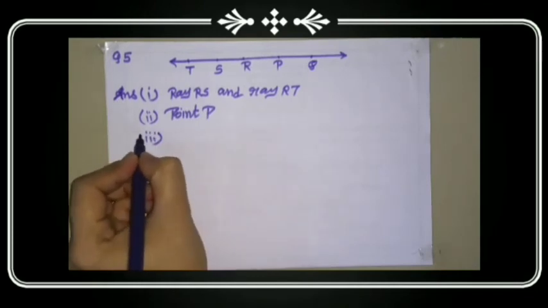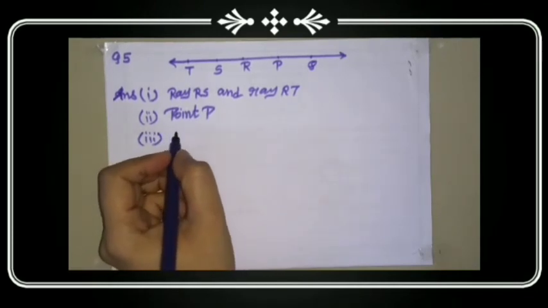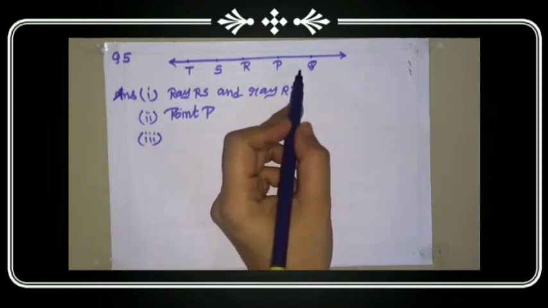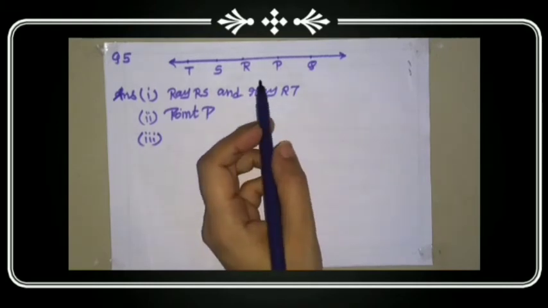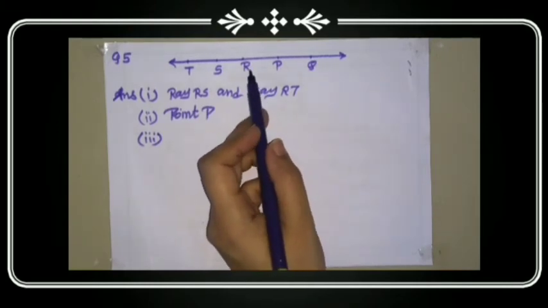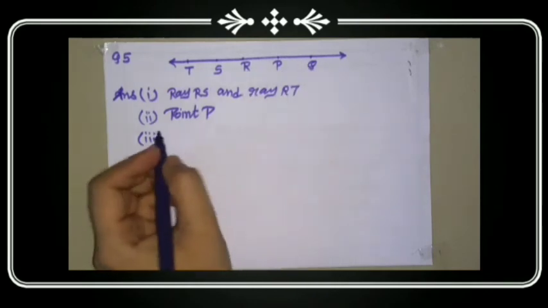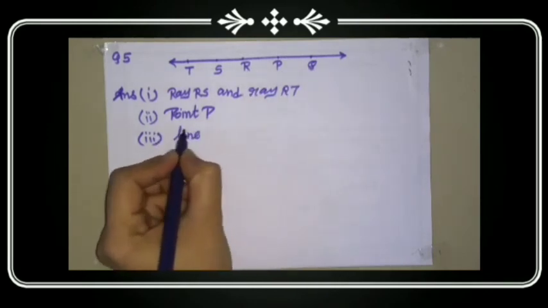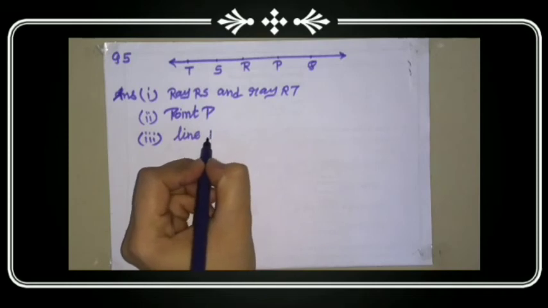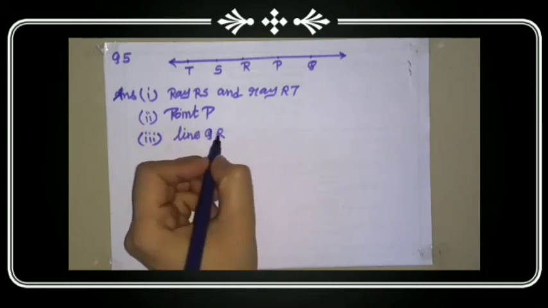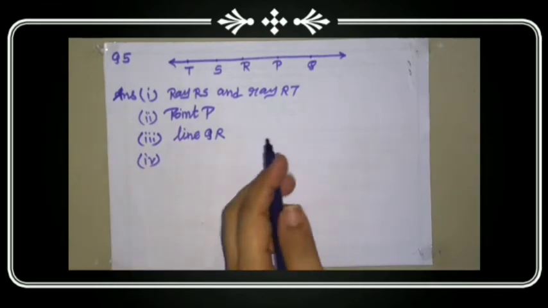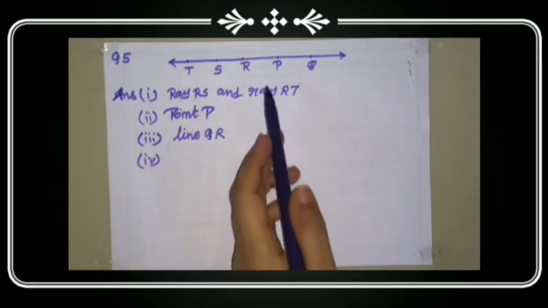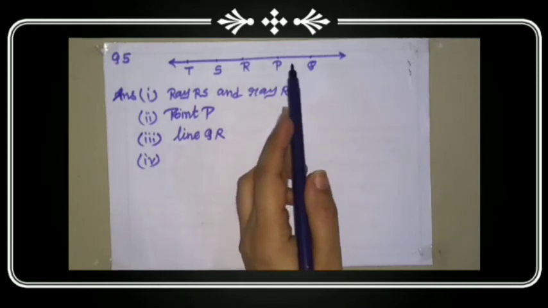Third, write the union set of ray PQ and ray QR. The union set of ray PQ and ray QR is ray QR. Fourth, state the rays of which segment QR is a subset.